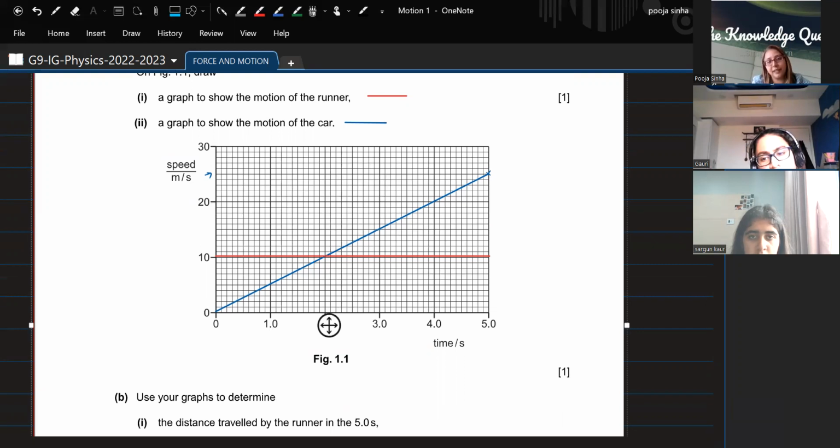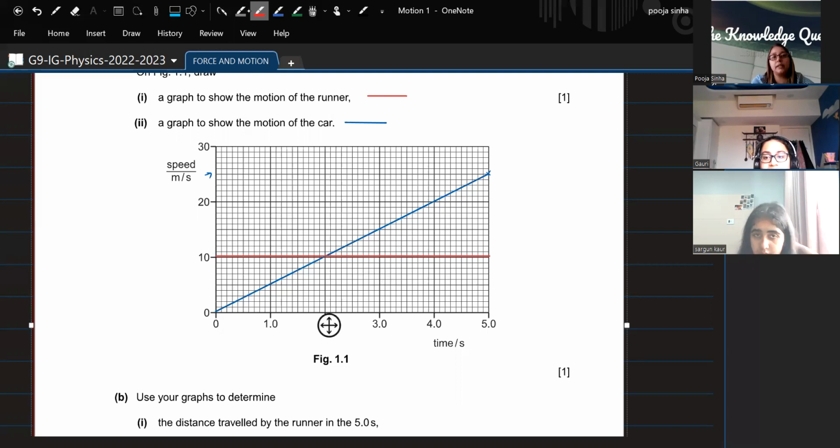Confusion है? Yeah, I'm a little confused. Yes, it is running because it's a 10 speed. It is running. 10 meters per second से वो speed नहीं बढ़ा रहा या अपनी speed नहीं कम कर रहा, लेकिन रन कर रहा है, right?